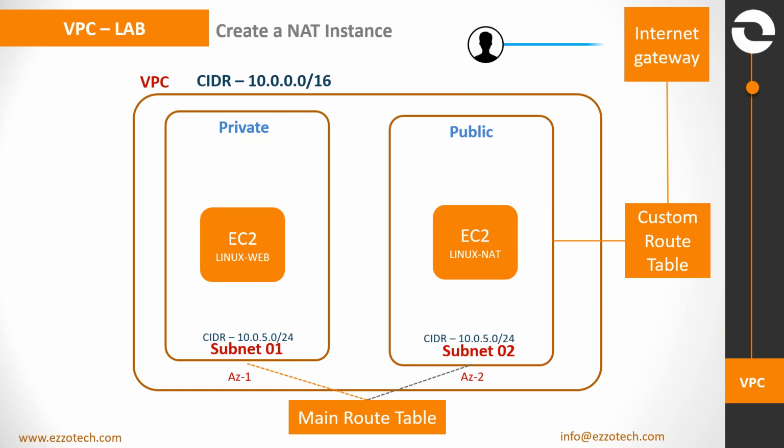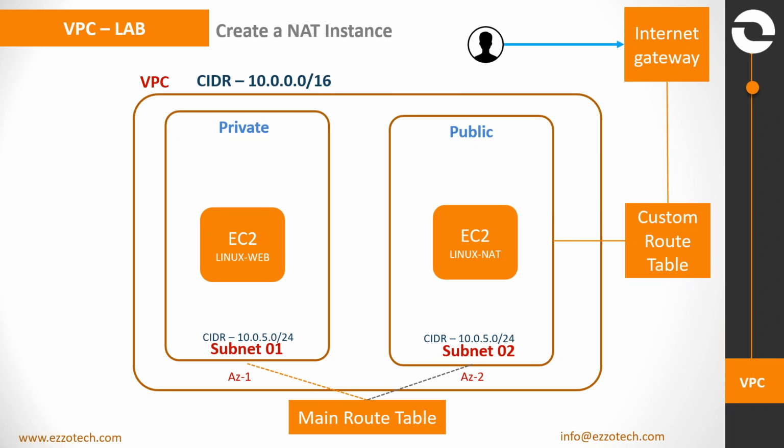The traffic will flow to the internet gateway, from the internet gateway to the custom route table, and the custom route table will divert the traffic to the EC2 Linux instance in the public subnet. This is very much possible. Then the EC2 instance will reply back through the custom route table and internet gateway to the user. So this communication happens successfully.